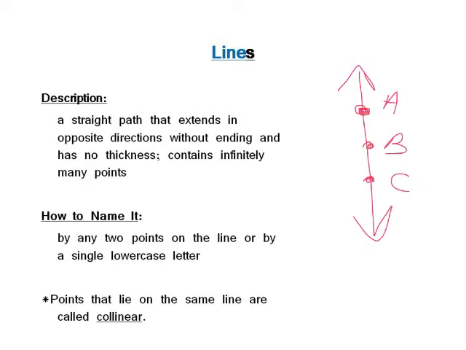By any 2 points. So I can take any of these 2 points. So maybe I'll go A, B, and then you put a line over the top. Or it could be B, C with the line over the top, or A, C, any of those will do.